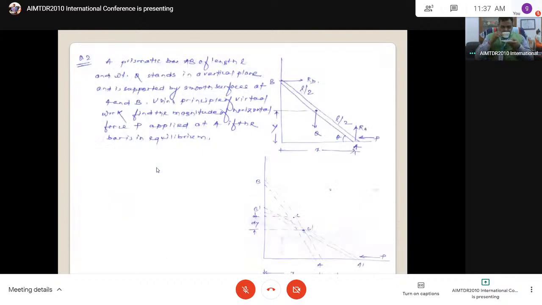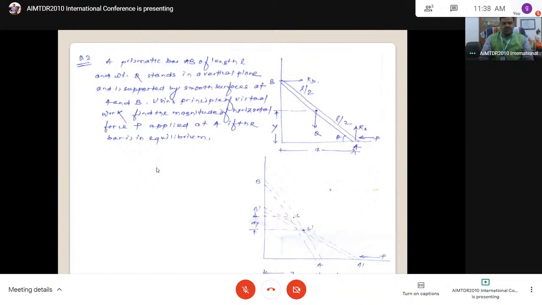Now go to the second problem. Note it down. A prismatic bar AB, a ladder it is, of total length L and weight Q, stands in a vertical plane and is supported by smooth surfaces, that is frictionless.